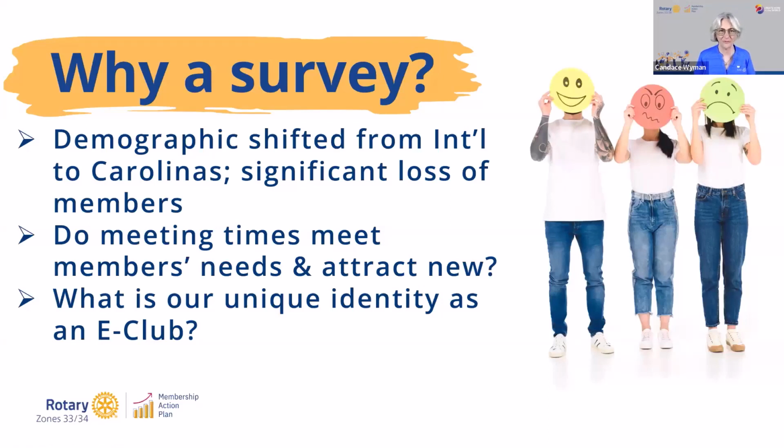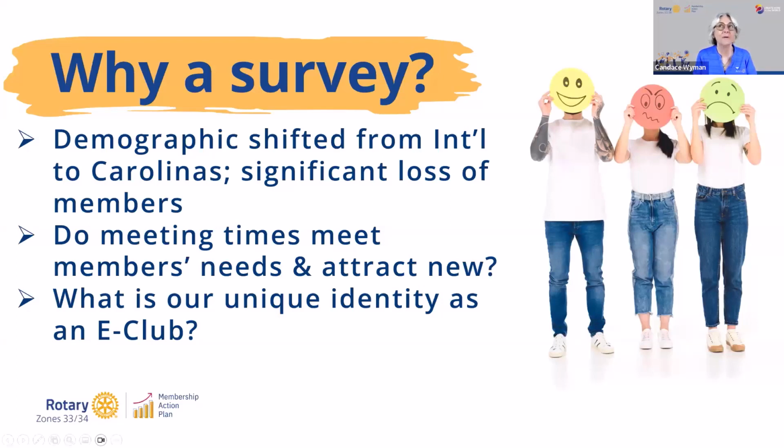We had a split schedule for several years of meeting first and third Tuesdays at 6 p.m. Eastern time and second and fourth at noon, and everybody was starting to get very confused. So that was one of the main reasons we actually launched the survey, but we found a lot of other great information out of it.